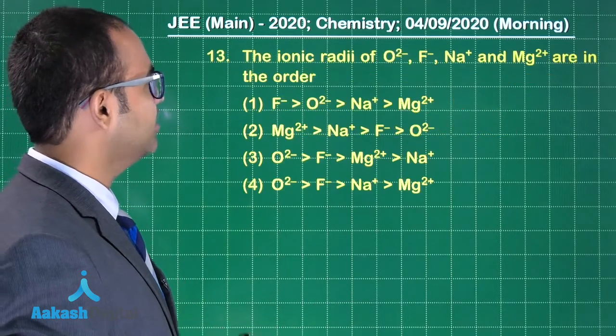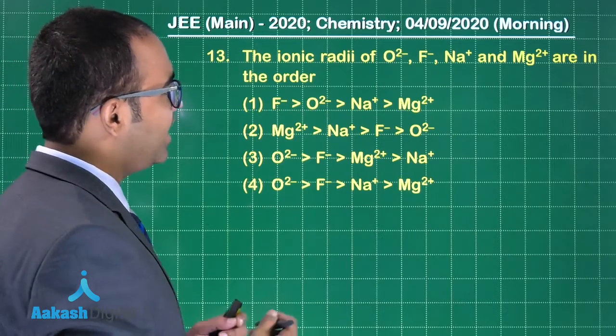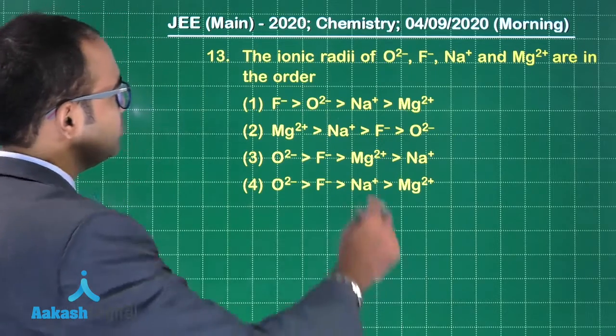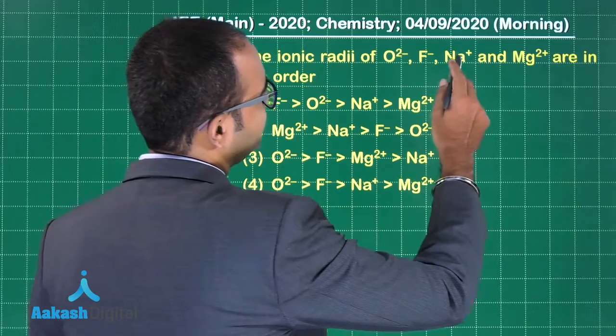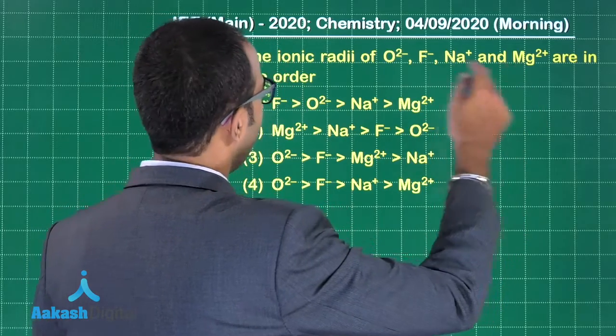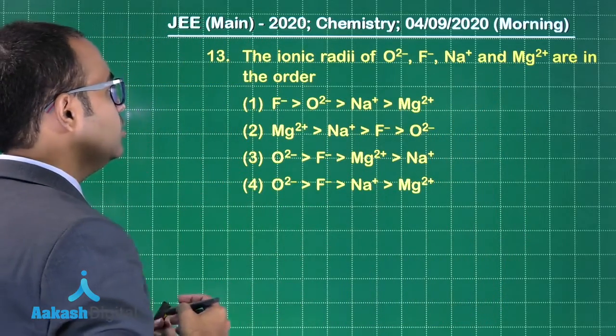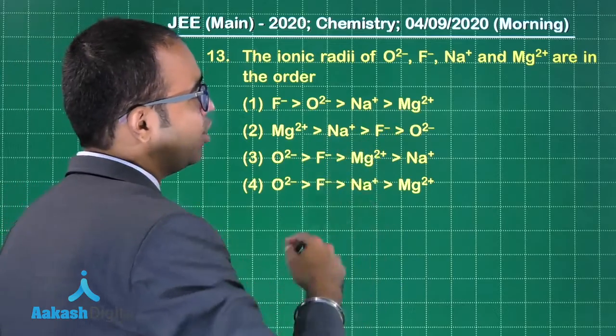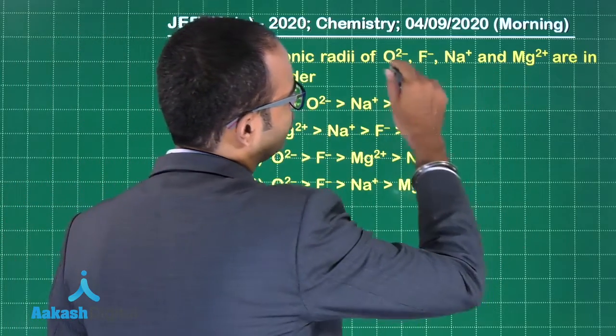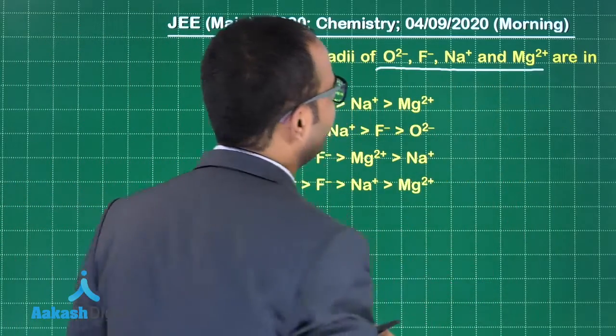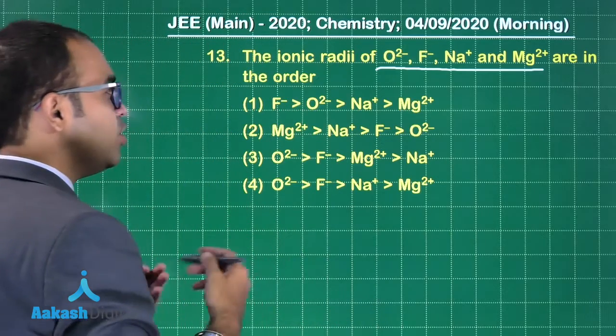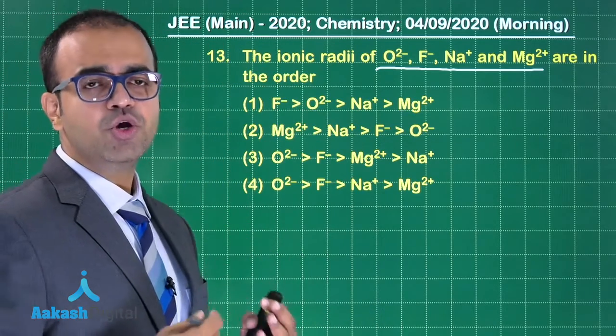Question number 13. The ionic radii of O2 minus, F minus, Na plus, Mg2 plus are in the order. So let us look at these ions. They are isoelectronic, guys. All the 4 ions are isoelectronic. So whenever you have isoelectronic species, you look at what?